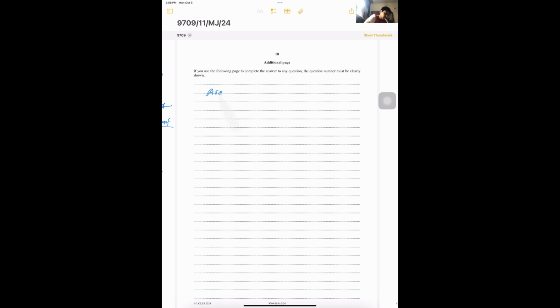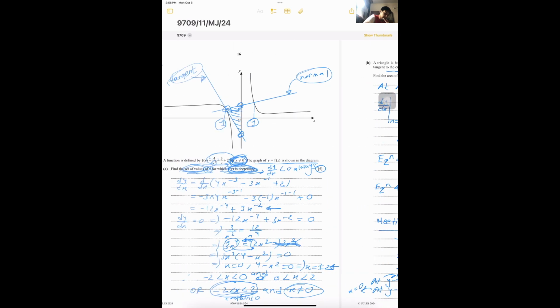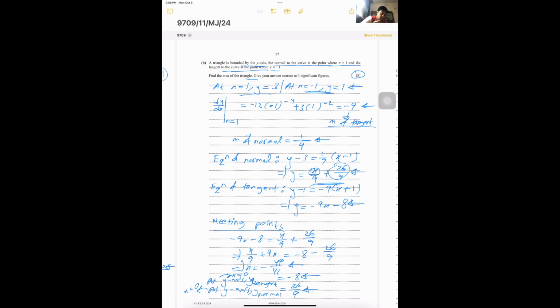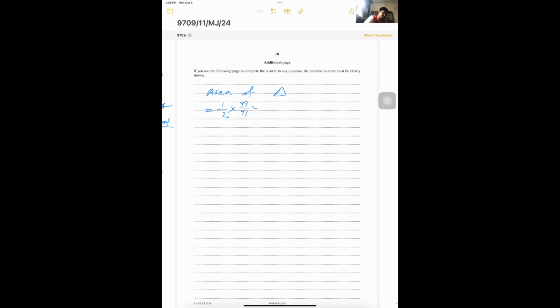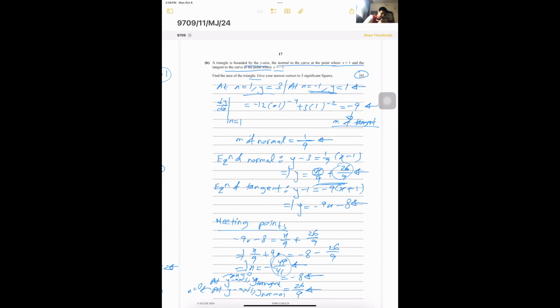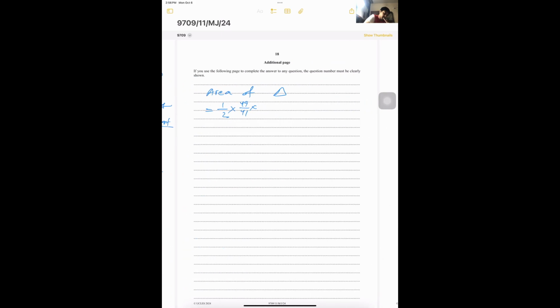Area of the triangle is half into this distance first, which we just found out over here, 49 by 41, into the summation of this distance with this distance, which is 8 plus 26 by 9, right? So we have done half into base into height, and when we put this in the calculator, we should find our answer.